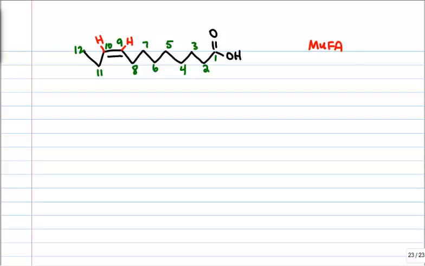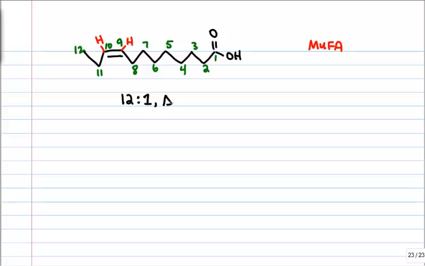And so the code, basically, you give the number of carbons, which is 12, colon, the number of double bonds, which would be, in this case, 1. And if you've got a double bond, you've got to write the code such that we know where the double bond starts in relation to the carbonyl group.